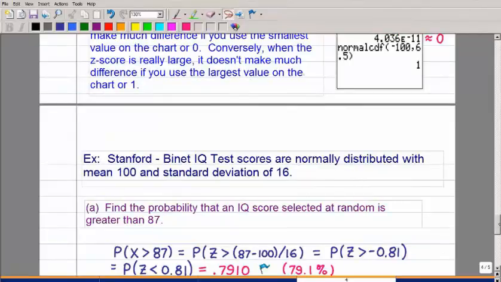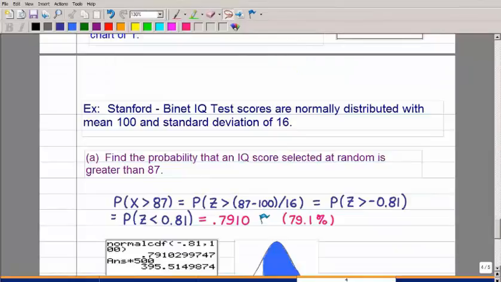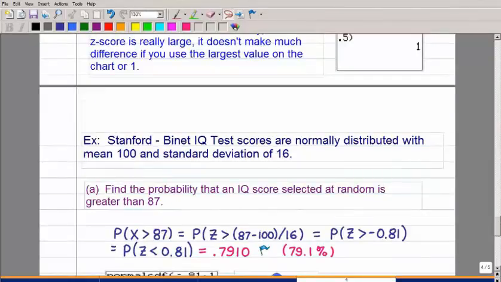Let's take a look at this example. Stanford-Binet IQ test scores are normally distributed with a mean of 100 and standard deviation of 16. Find the probability that an IQ score selected at random is greater than 87. So there's my probability statement, x greater than 87.